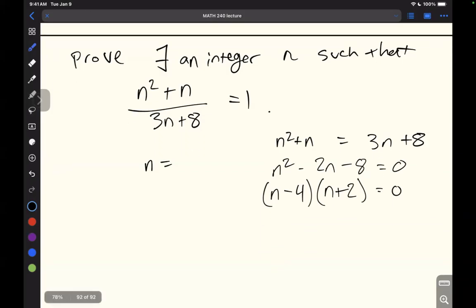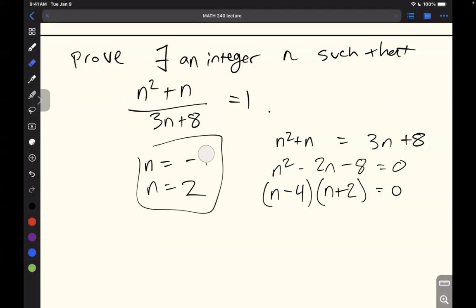And so from there, we get either n equals -4 or n equals 2. And once we've got either of these, nope, I messed that up. You get that 3n plus 8. Did I move 3n plus 8 to the other side? Yes. I multiplied both sides by 3n plus 8.